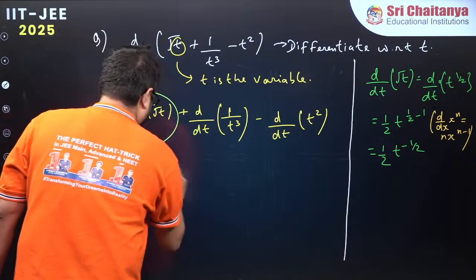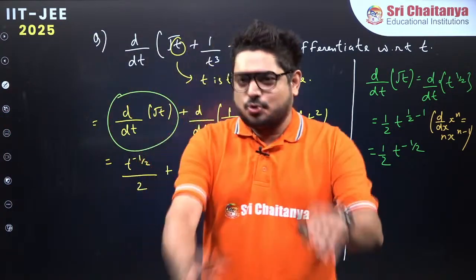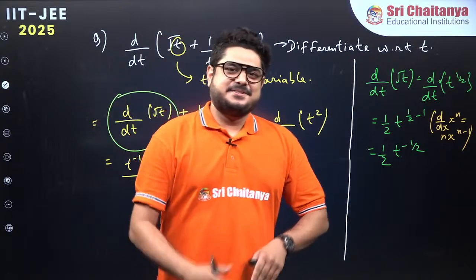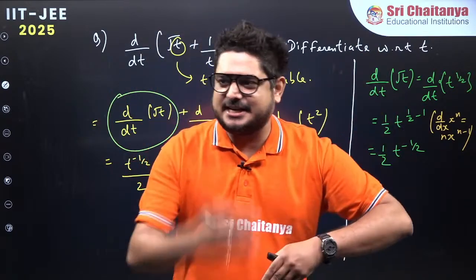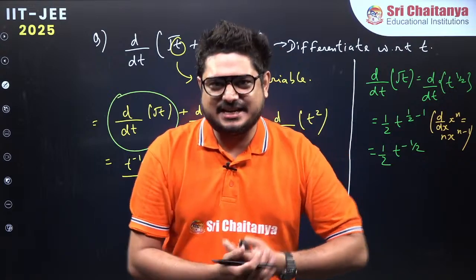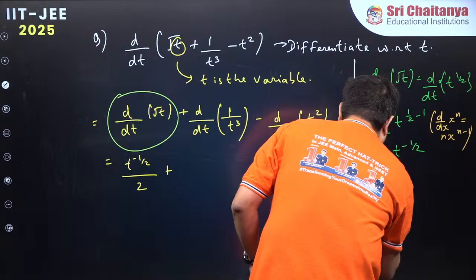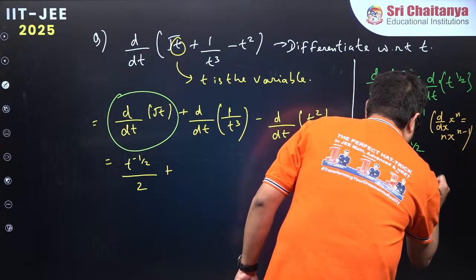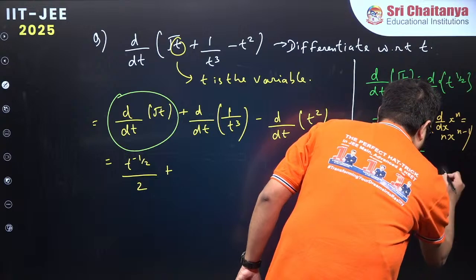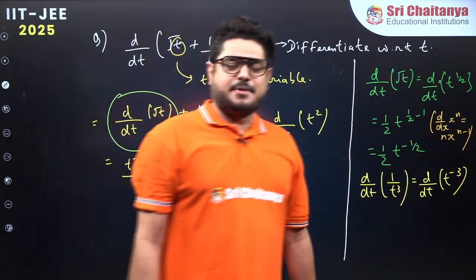Okay. Now, let's try to solve this. What is this? d by dt of 1 by t cube. So don't start fearing whenever you see some function mentioned in the denominator. What needs to be done over here? We can write d by dt of 1 by t cube as d by dt of t to the power minus 3.